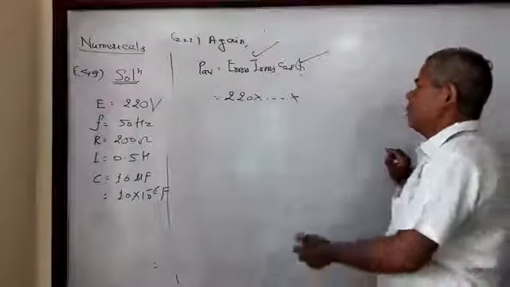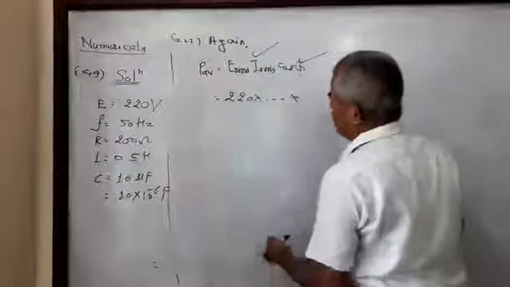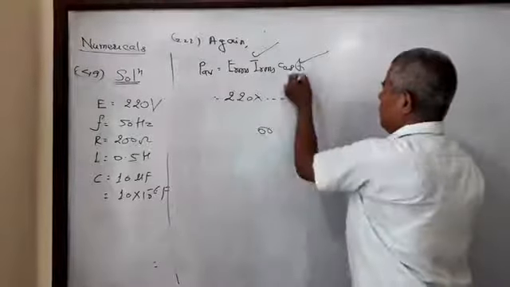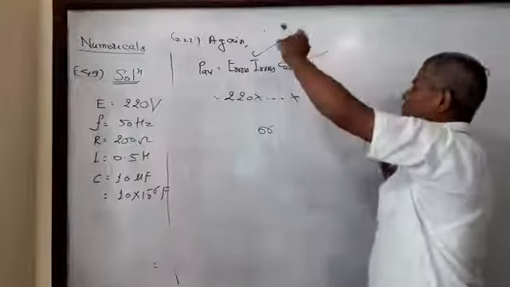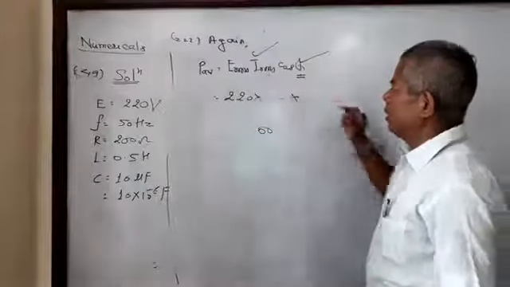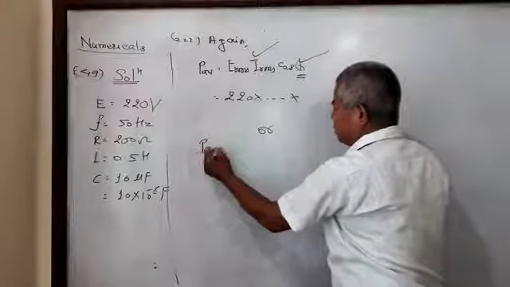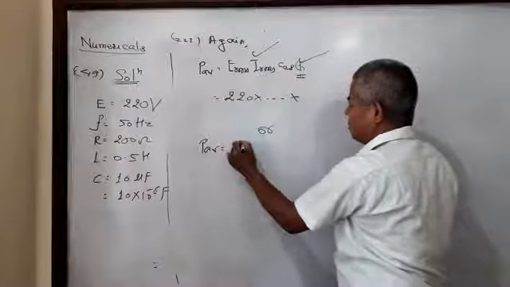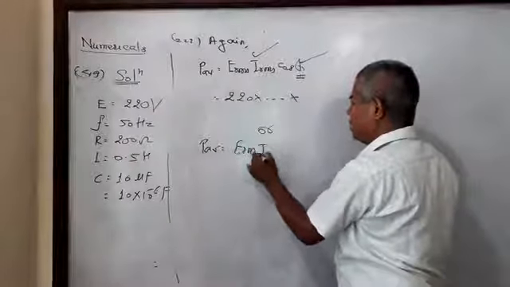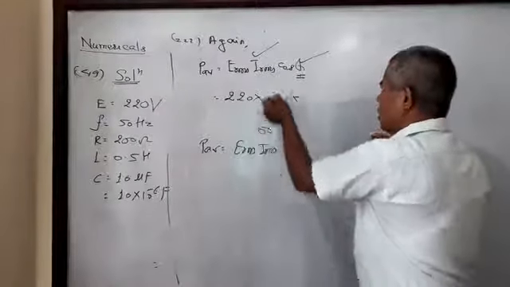We can also do this in another way, an alternative method, without putting the phase angle. Again, PAV is equal to average power is equal to ERMS into IRMS into cos phi.